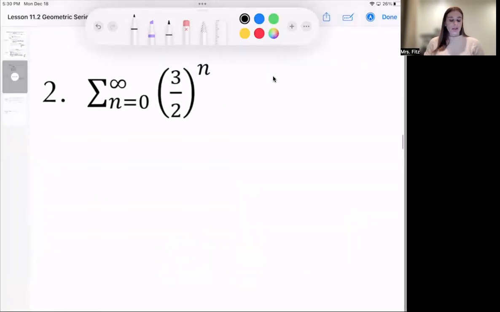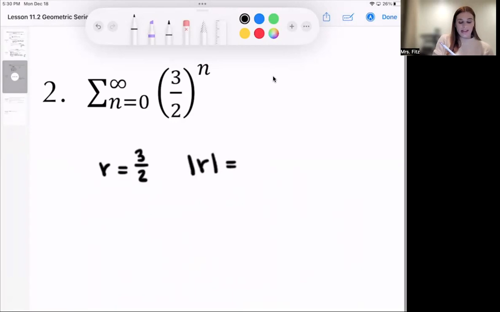Okay, let's look at number 2. This one's actually already written in geometric form, and your r is 3/2, right? We have 3/2 to the n. Well, the absolute value of r, which is the absolute value of 3/2, is actually greater than 1.